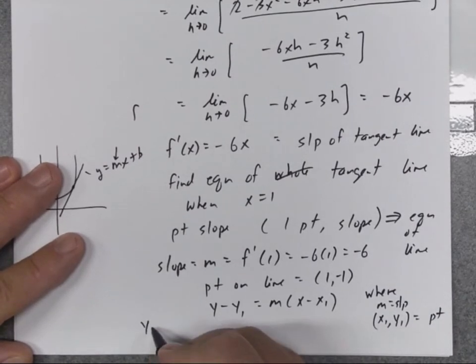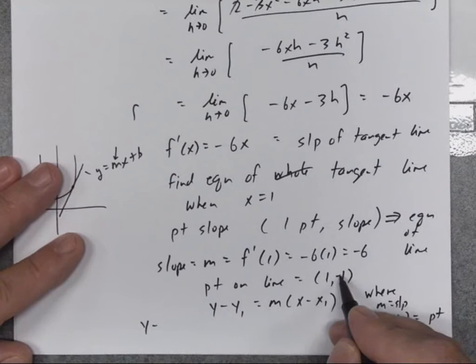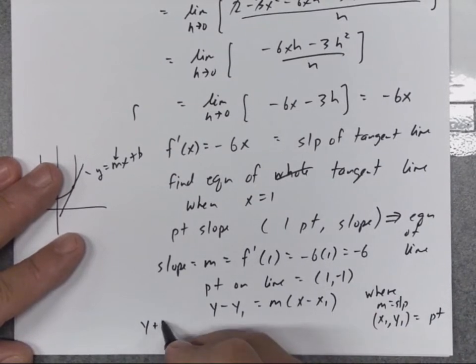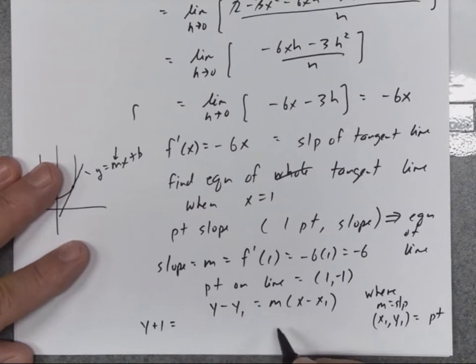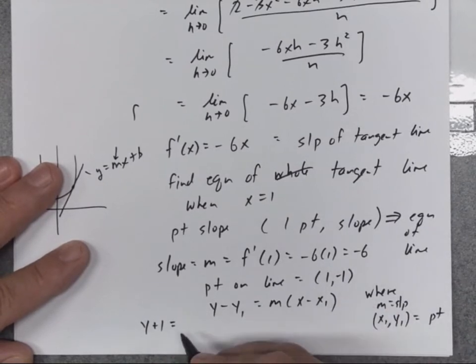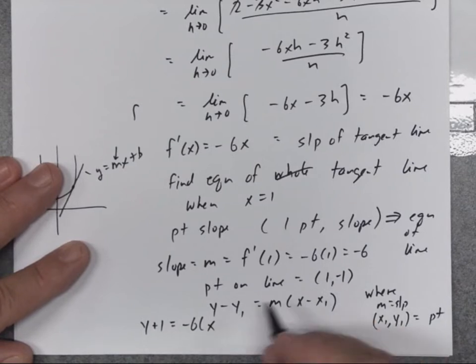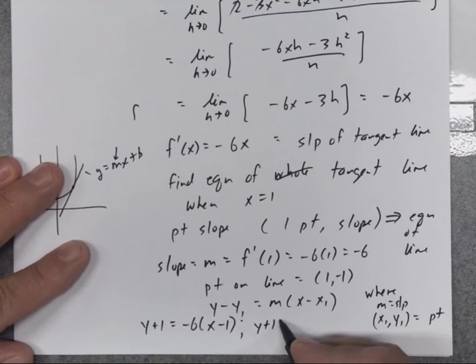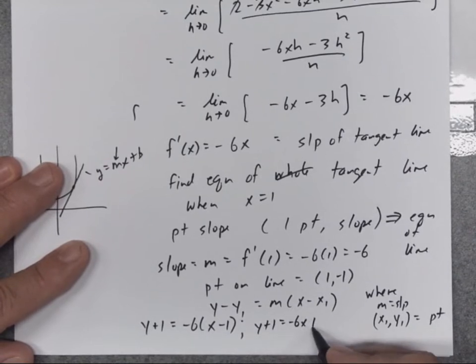So I'll put y minus y of my point, which is negative 1. Y minus a negative 1 ends up actually being y plus 1. The slope is negative 6. X minus the x of my point. And now let's go ahead and multiply out the parenthesis. Let's subtract 1 from both sides.